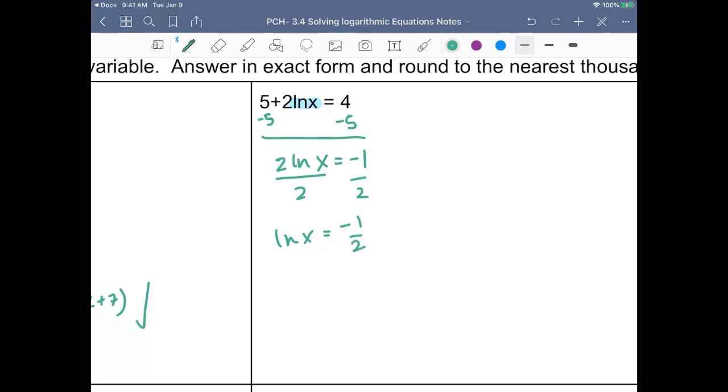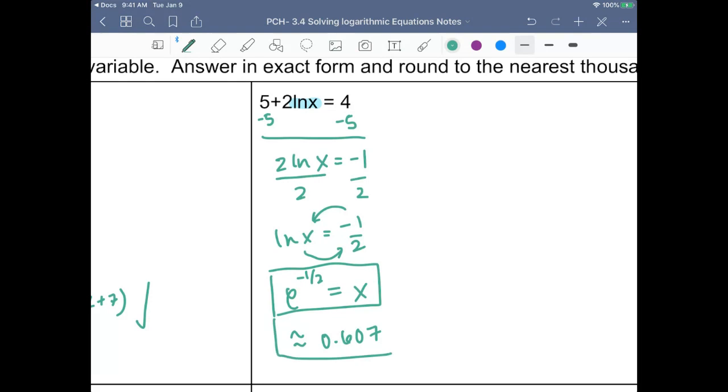Then I get e to the negative 1/2 is equal to x. This is my exact value. As a decimal equivalent, that's equal to 0.607. Okay, so both of those.